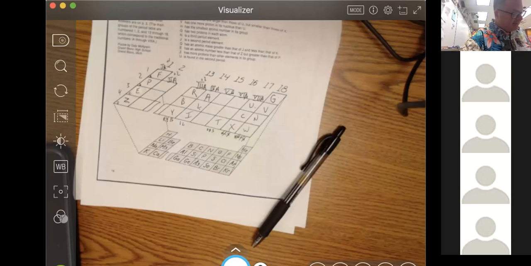So S has 18 more protons in its nucleus than D. So that means it's going to be below D. Let's see, O has an atomic number that is 1 more than A. So if we know where A is, then that means we know where O is.